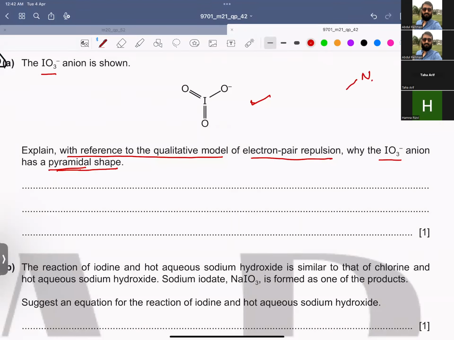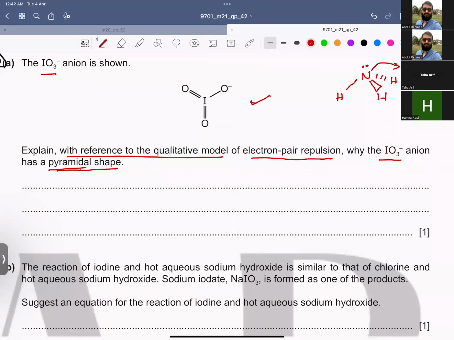Ammonia always has a pyramidal shape, and it is because around nitrogen in ammonia there are 3 bond pairs and 1 lone pair.